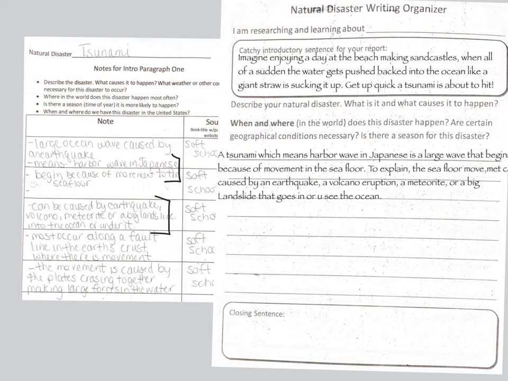As I continue with my next bit of information, now I'm going to talk about the fact that most of them are on a fault caused by an earthquake, and I'm going to explain what happens. So I'm going to begin by using a transitional phrase.